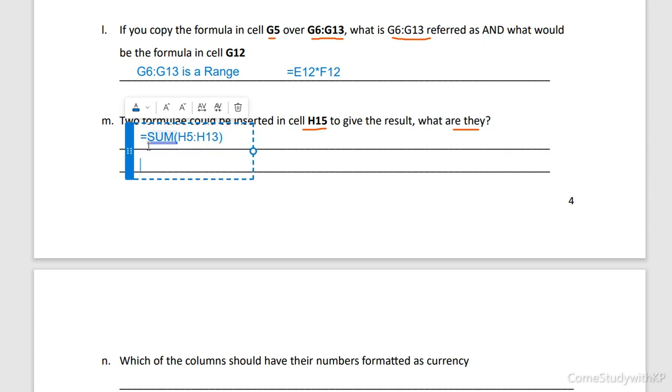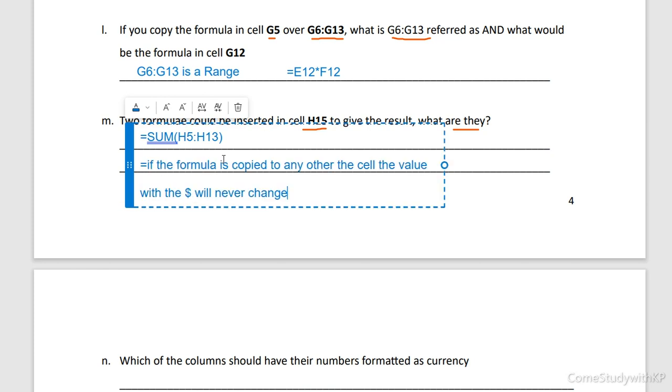And what's the other way we could do this, right? If we didn't use the sum function, we could do the manual, the long way, which is to add each cell. H5 plus H6 plus H7 plus H8, all of that would still give us the same answer, right?